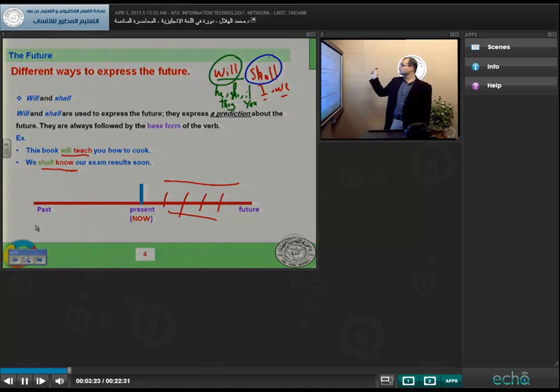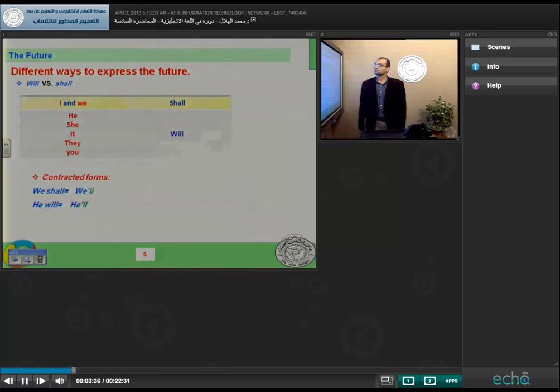But again, we will notice that this is not always necessary, because we can abbreviate will into just double L after the comma. This will be clear in a second. So different ways to express the future. As we said, the first way is to use will and shall.